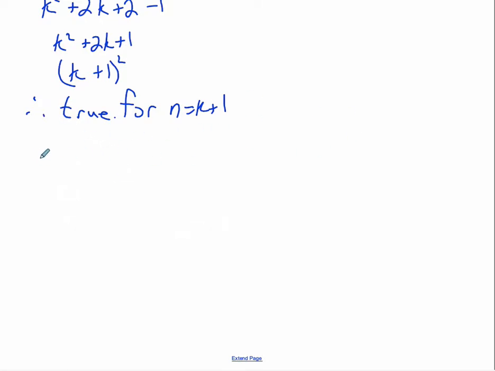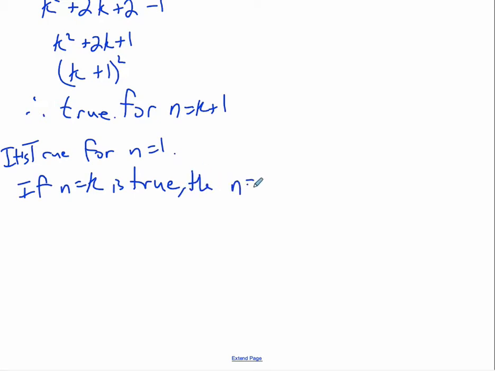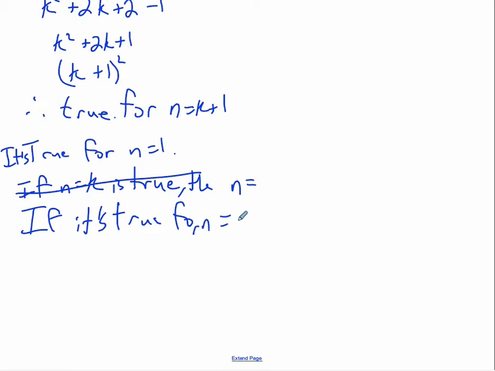So we say the statement is true for n equals 1. And if n equals k is true, then it's also true for n equals k plus 1.